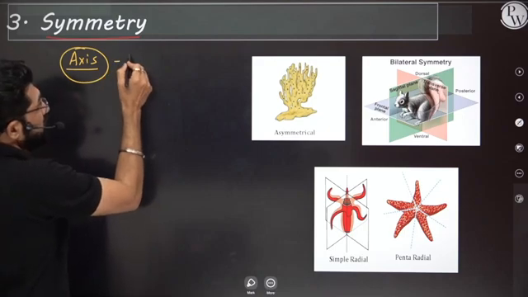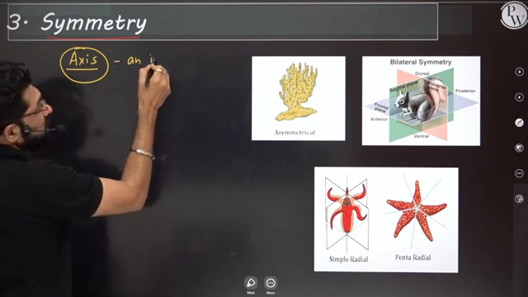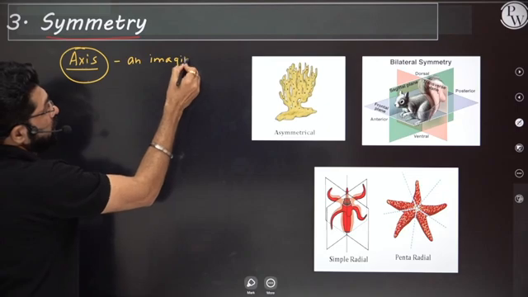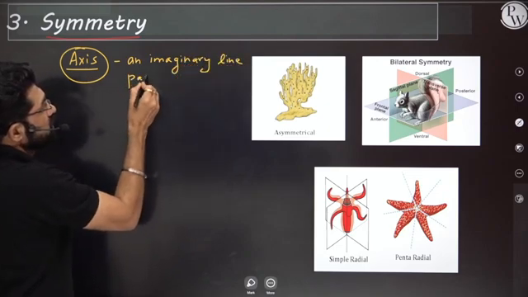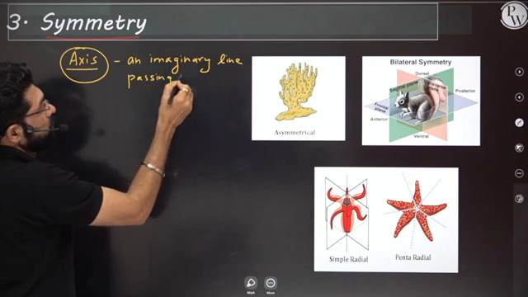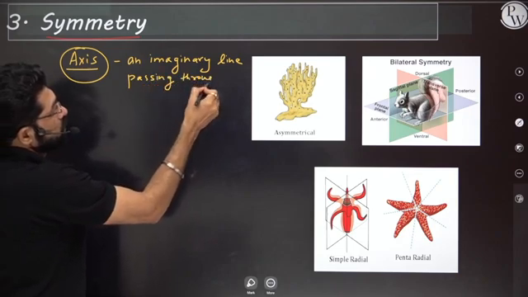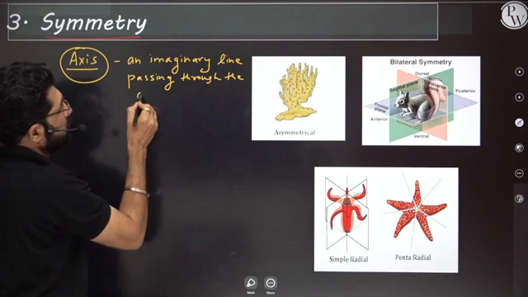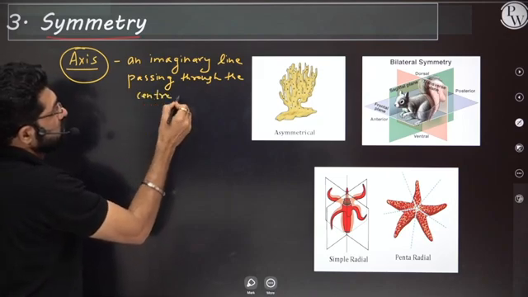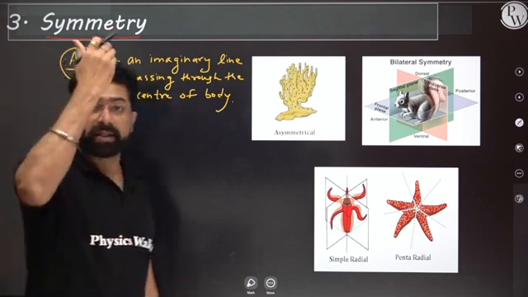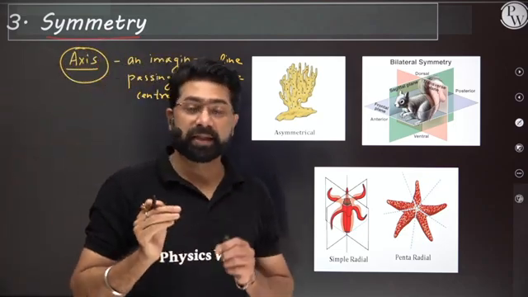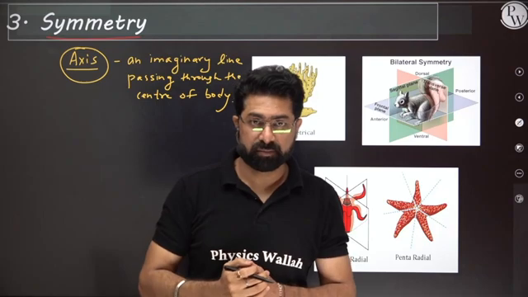This has been taken as an imaginary line, an imaginary line passing through the center of the body. Any organism's center of body, this line is passing, and that is what? The axis or the central axis.